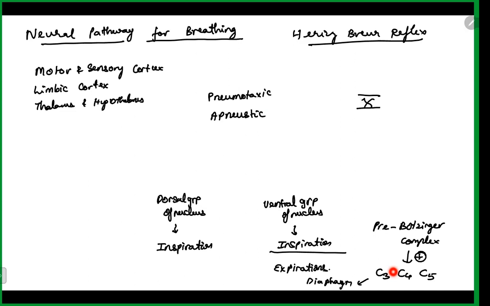Whenever there is a sensation of decrease in oxygen, certain mechanoreceptors send signals through your 10th nerve, which supply the pneumotaxic center and the apneustic center. The 10th nerve inhibits the apneustic center and stimulates the pneumotaxic center.